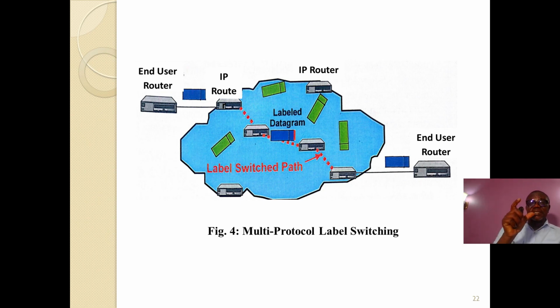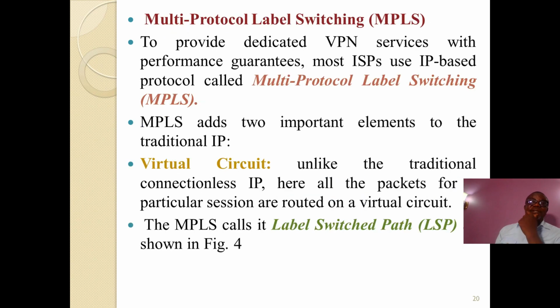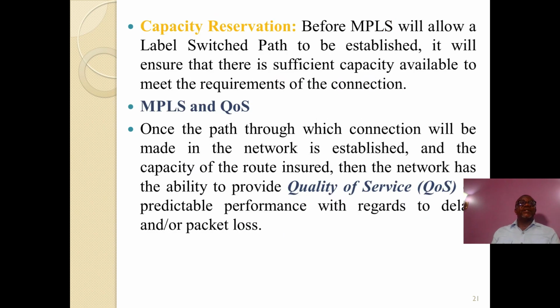So in that case, it will re-establish another circuit. Because it is not permanent, it becomes a virtual circuit to get to the other end user. So let's get back. So we say that this MPLS has two important elements, the virtual circuit, which we have seen.